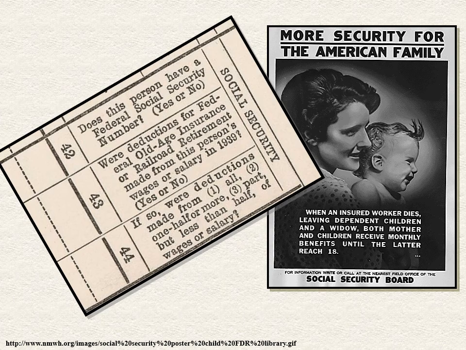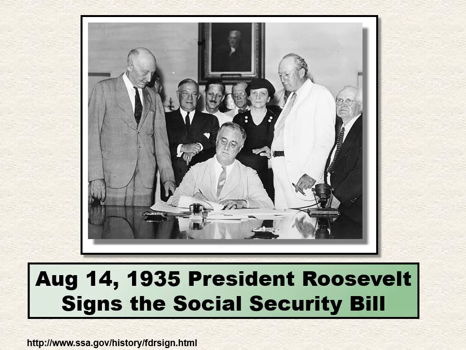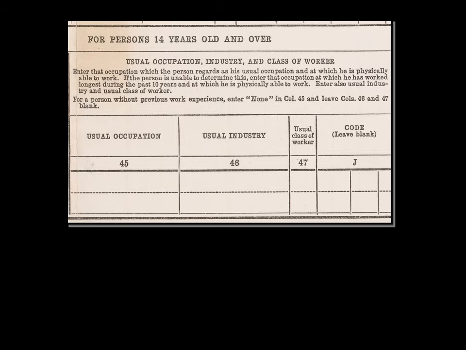It doesn't ask for your social security number, but it does ask whether you have a social security card, which started in the 1930s. In 1935, President Roosevelt signed the bill. It asks for your usual occupation, industry, and class of worker. Now, on the regular schedule, it asks what you were actually doing. And you can see the difference when people were desperate for jobs during the Great Depression.